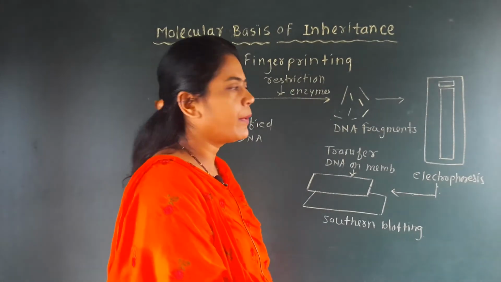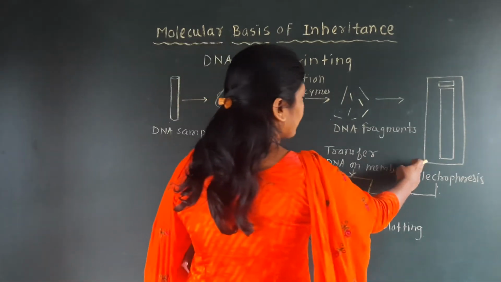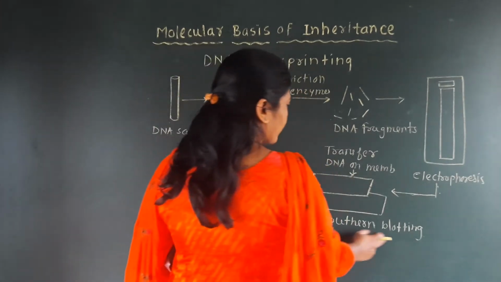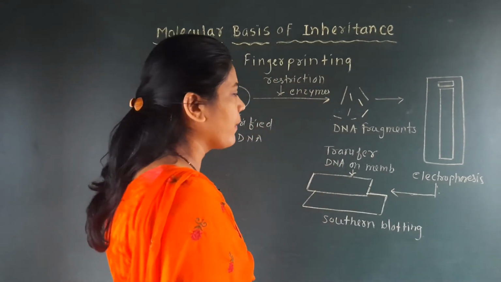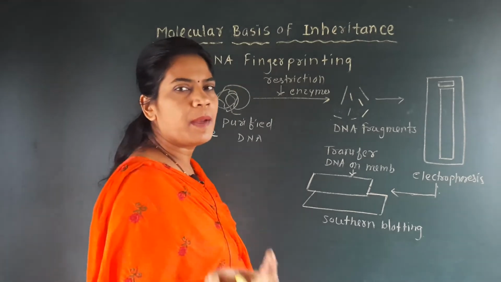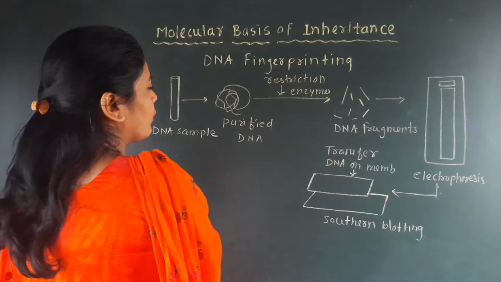So the fragments formed as bands on the electrophoresis are transferred in a technique called Southern blotting, where these DNA fragments are transferred onto a membrane. That membrane may be a nylon membrane or nitrocellulose paper, and that is called Southern blotting.